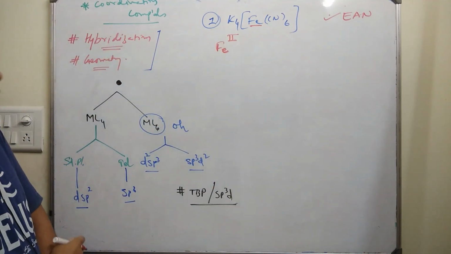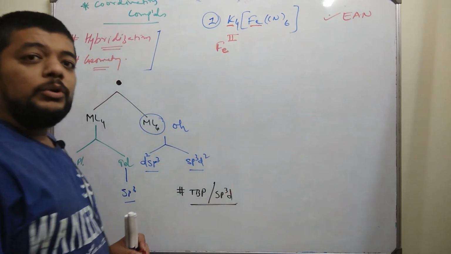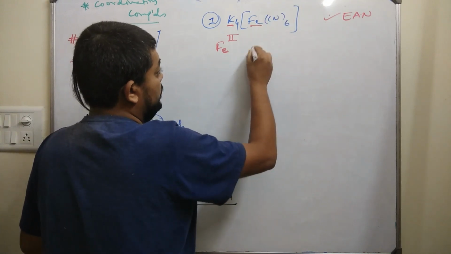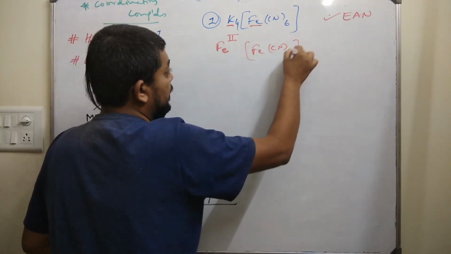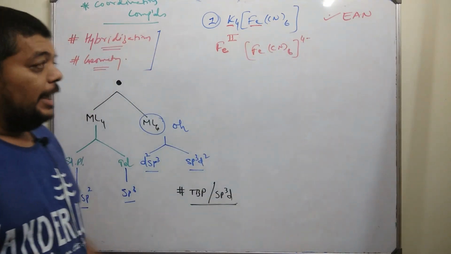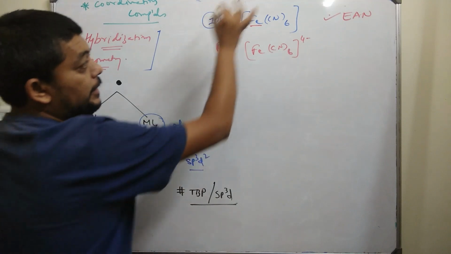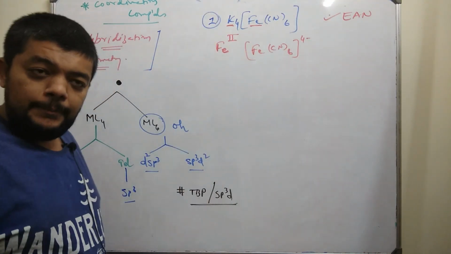But if I need to explain it for a while, as potassium is +1 and you have 4 such potassiums, it will be +4, and you will have a 4 negative charge on top of this coordination sphere, leading to 4 to the power minus. To maintain the electrical neutrality, I have to place -4 over here.